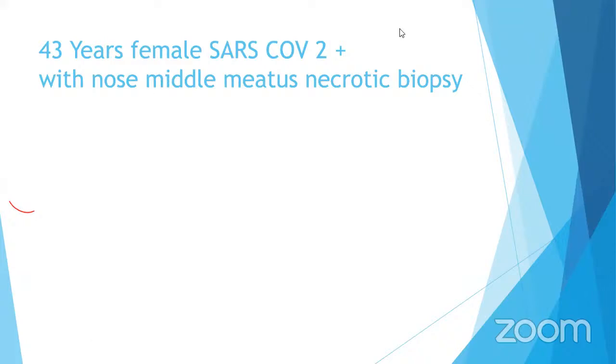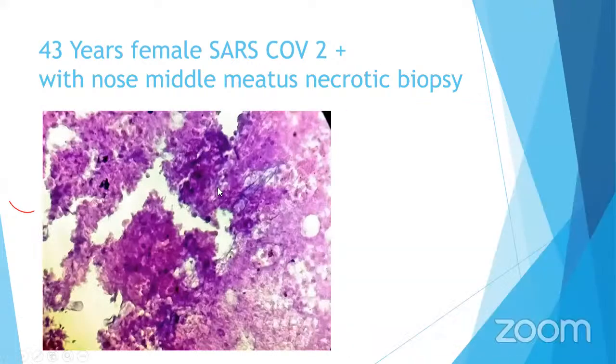This is one of the interesting cases. A 43-year-old female with SARS-CoV-2 infection presented with a necrotic lesion at the middle meatus of the nose. The biopsy was sent to the Department of Pathology. It shows excessive immune infiltration along with necrosis.